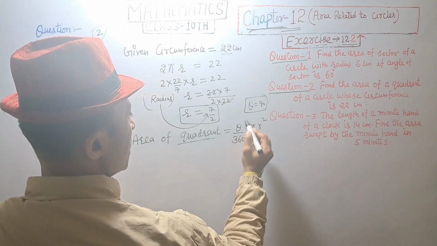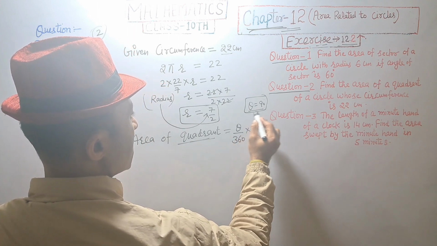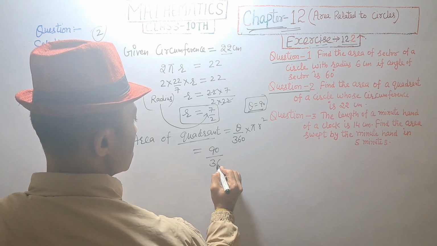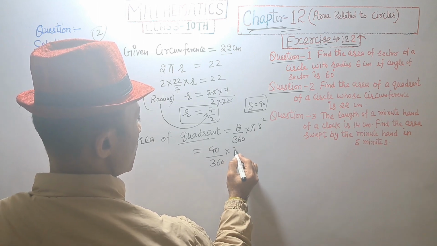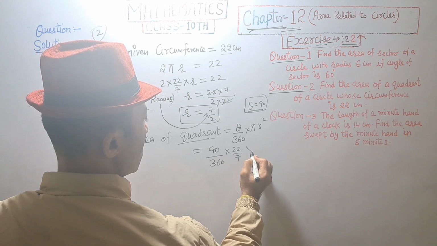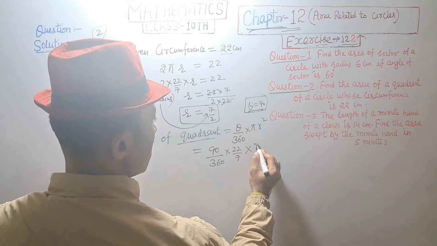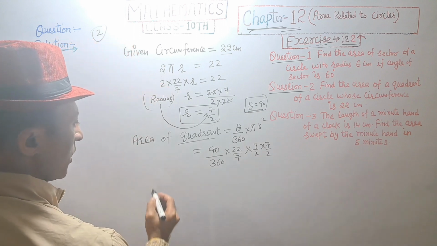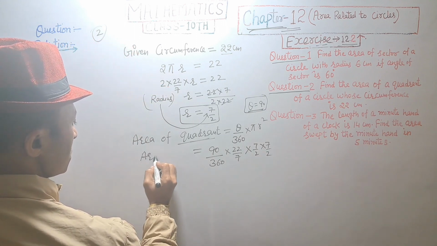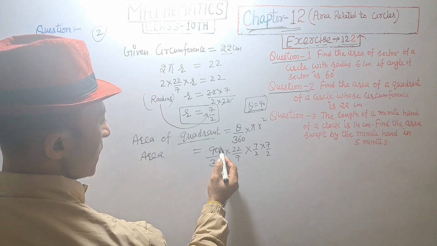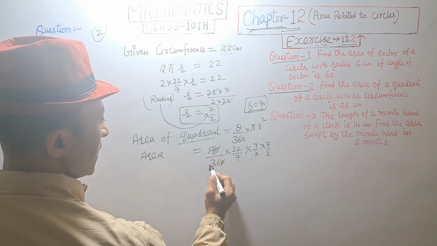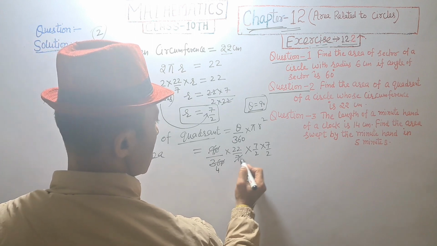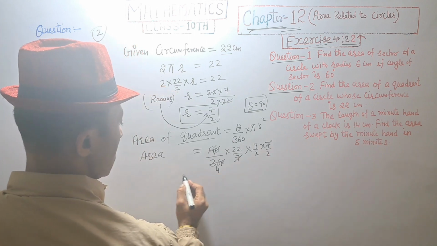Area of quadrant equal to 90 upon 360 into 22 upon 7 into radius is 7 upon 2 into 7 upon 2. 0 0 is cancelled, 9 4s are 36, and 7 7 is cancelled.